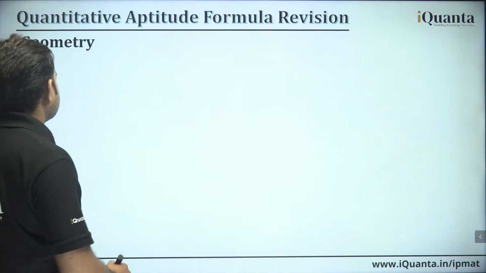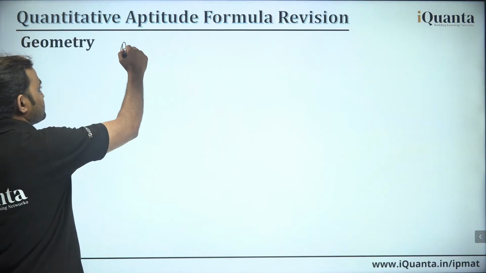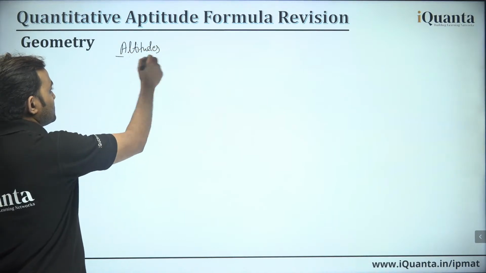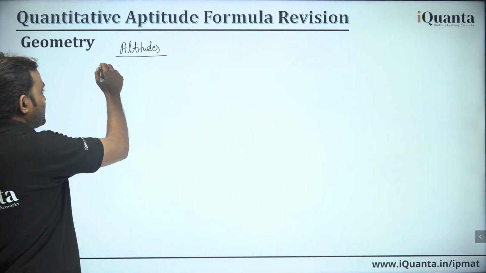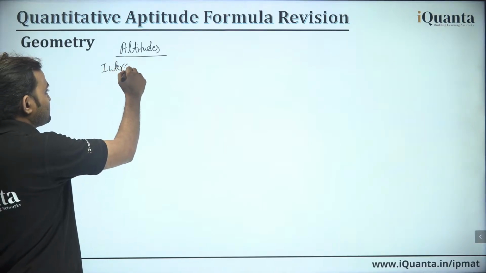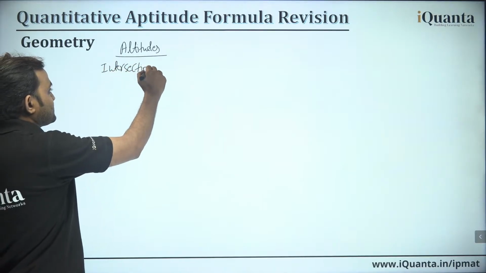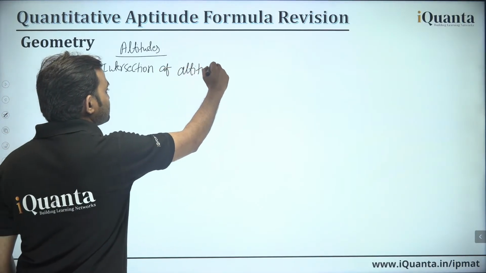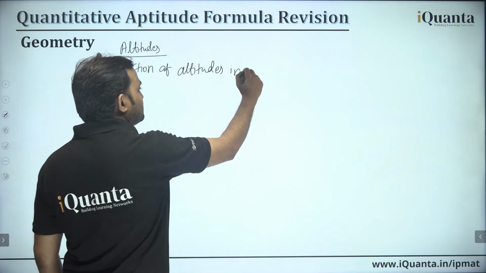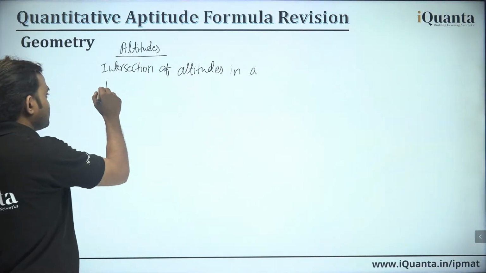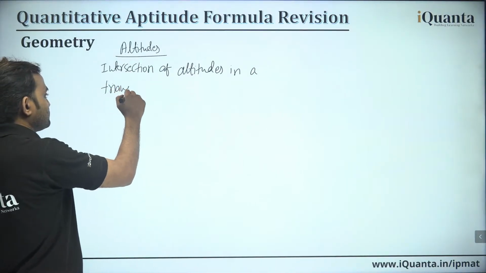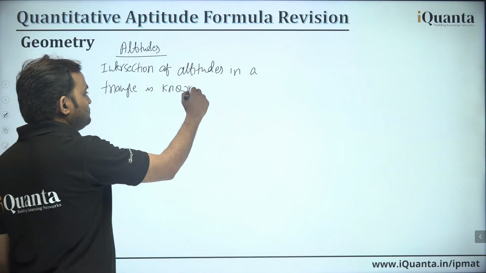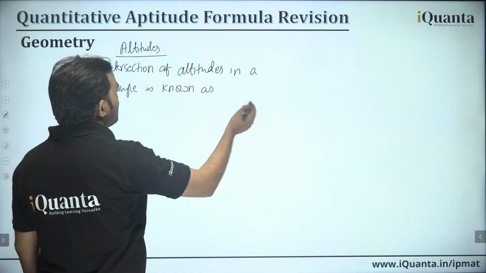Then comes altitudes. And in any triangle, the intersection of altitudes in a triangle is known as orthocentre.